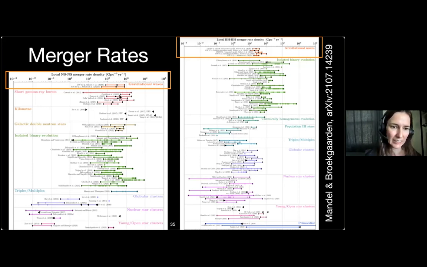And kilonovae, and then of course the rich exploration of the scenarios of stellar evolution and binary interactions that would generate, from the number of main sequence stars, the number of compact binaries you would eventually expect to see.